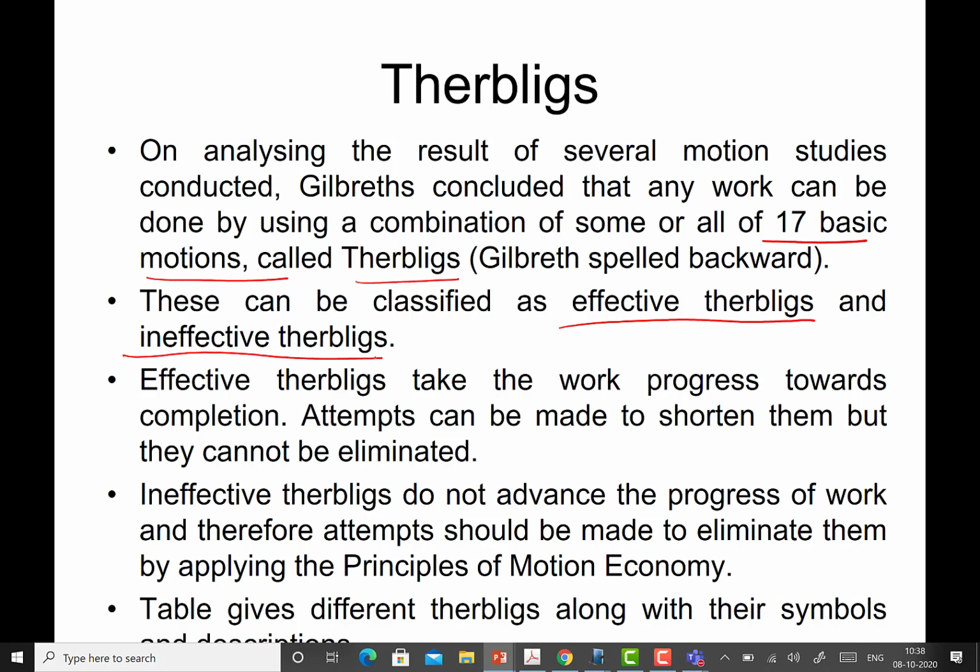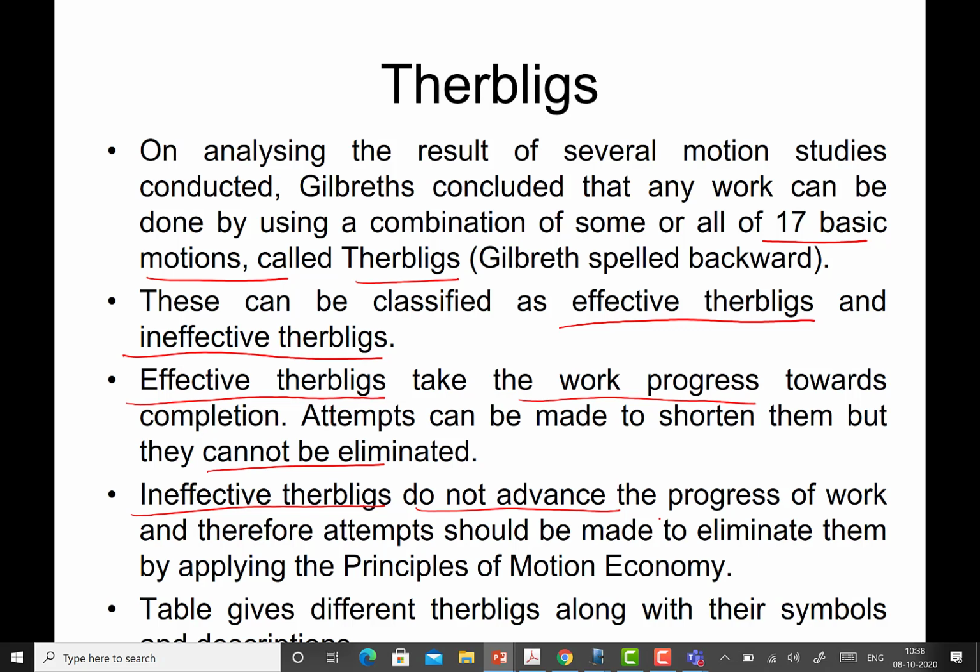Effective and ineffective things you already know: something which helps to complete the work is effective. So effective therbligs take the work forward towards completion, and these cannot be eliminated, while ineffective therbligs, as far as the analysis and improvement of a short-cycle job is concerned, do not help in completing the work.